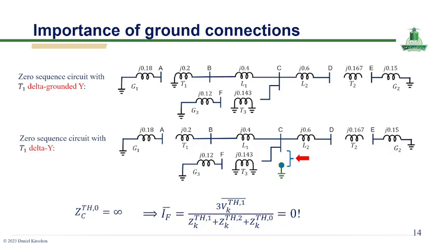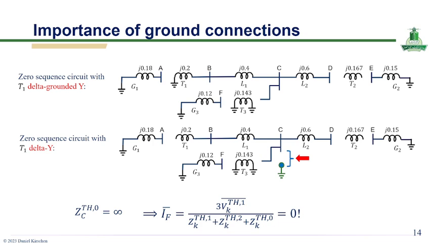In contrast, in the second configuration, the absence of grounding at T1 effectively blocks the zero sequence current path, creating an open circuit condition. As a result, the zero sequence Thevenin impedance becomes infinite, which forces the fault current IF to zero.